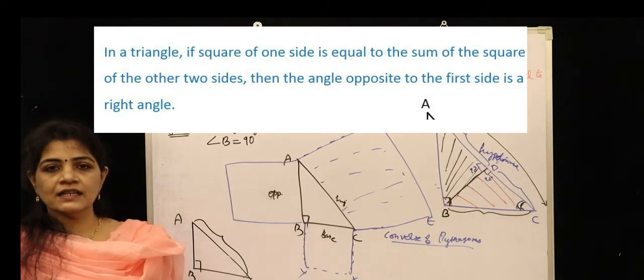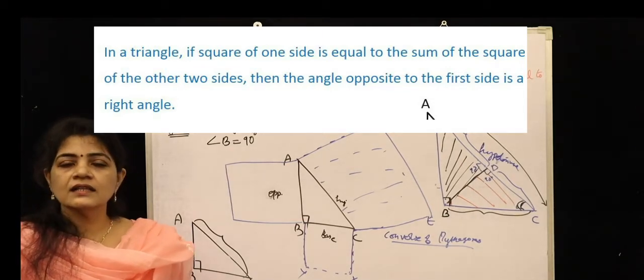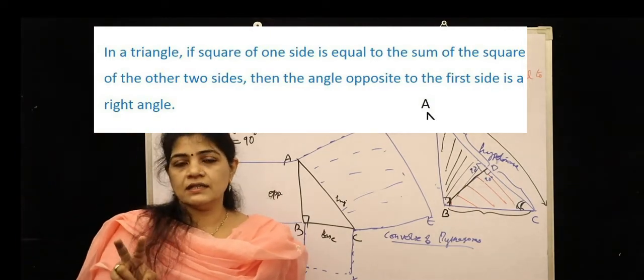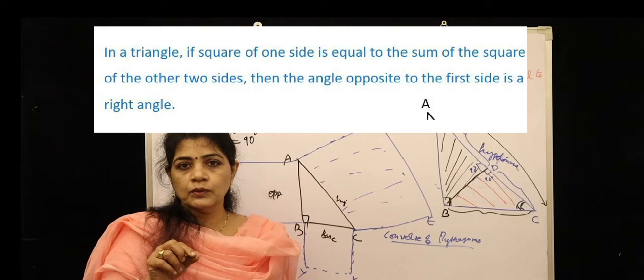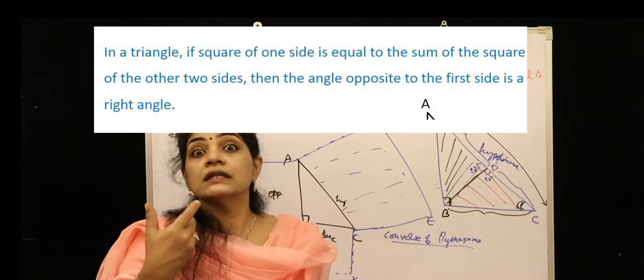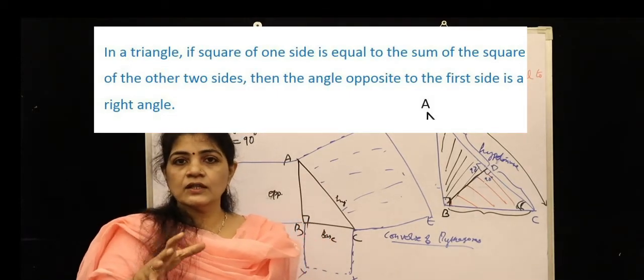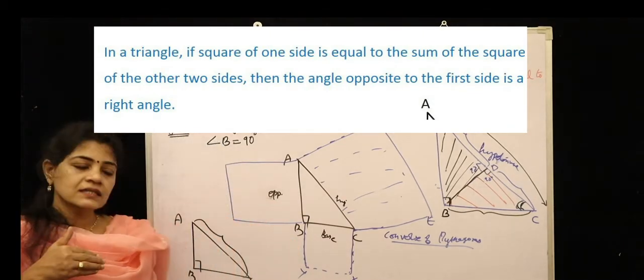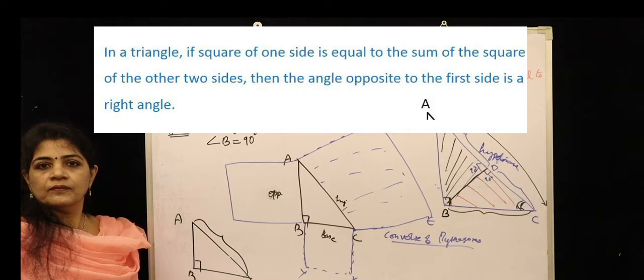The statement is clear, children. If in a triangle, the sum of the squares of any two sides equals the square of the third side, then the angle opposite to the third side will be 90 degrees.